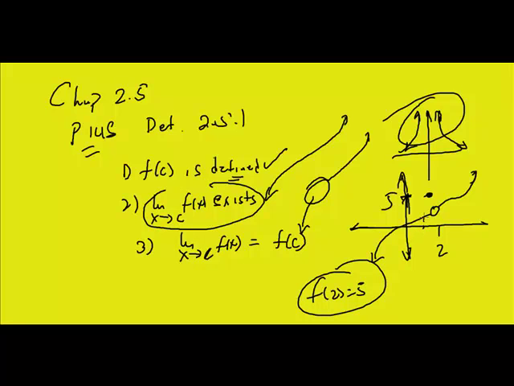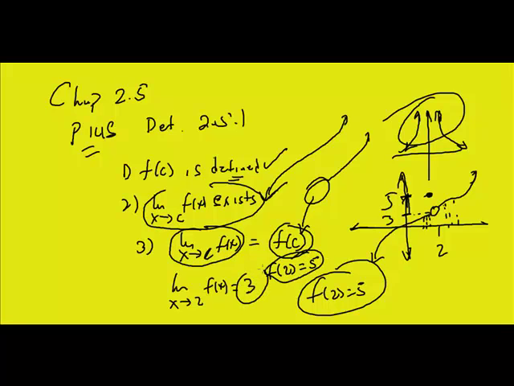When I come from the left, let's call that 3, it's going to 3. When I come from the right of 2, it's going to 3. So it's going to 3, which means the limit exists. Now the question is, is this the same as that? No, because the limit as x goes to 2 of f of x in this particular problem happens to be 3, but f of 2 is actually 5.